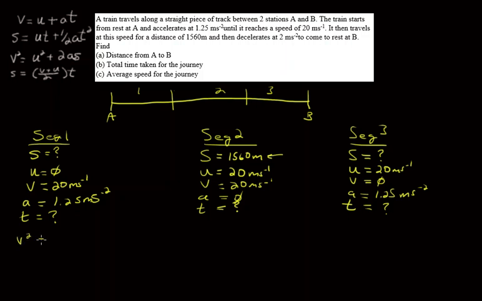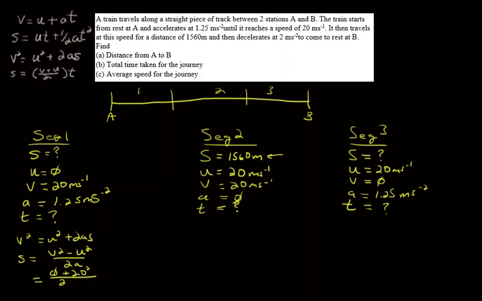So V squared equals U squared plus 2AS. S is going to equal V squared minus U squared over 2A, which equals 0 squared plus 20 squared over 2 times 2.0. I'm sorry, I'm getting ahead of myself. That is the third segment, acceleration.